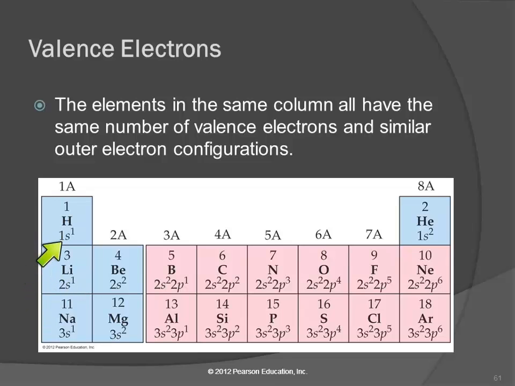What do we notice here as we go down? Hydrogen, lithium, and sodium all have an s1 as their last term in their electron configuration. That last electron that gets added is in the s orbital. We go to the next column, and these are all s2.